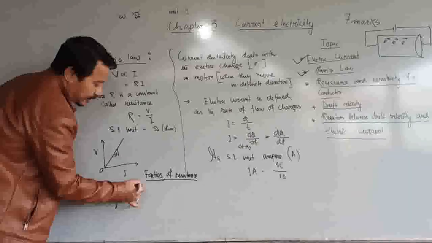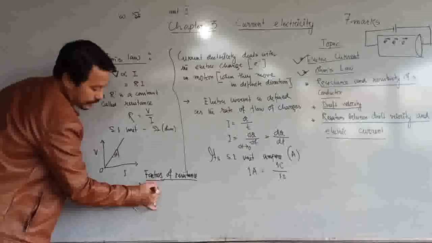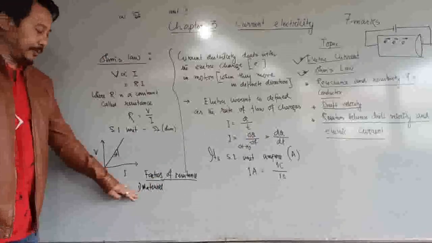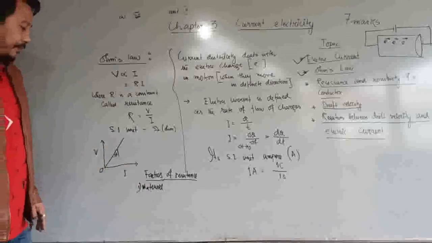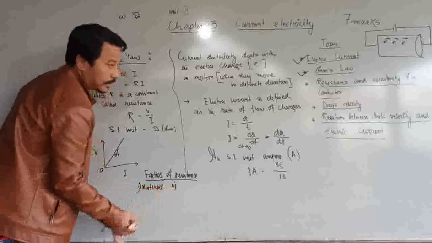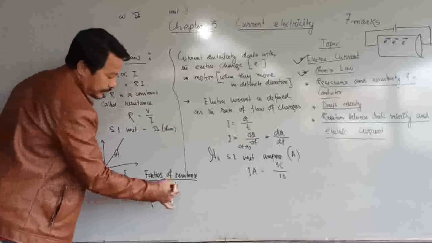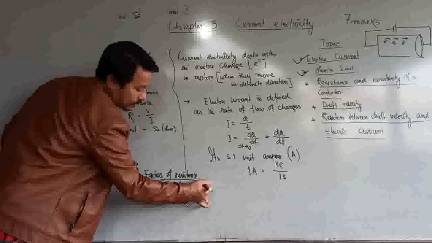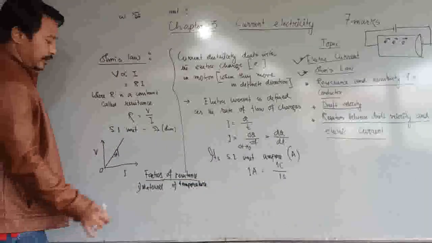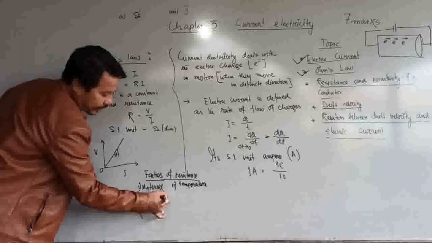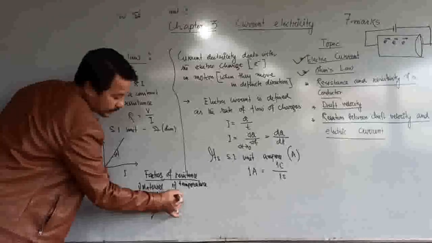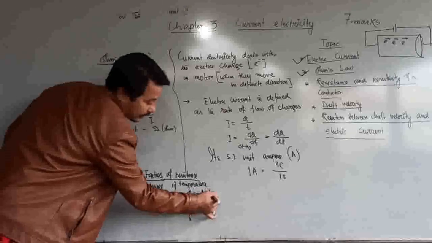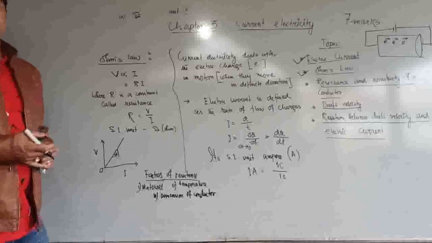So number 1 is the material of the conductor. Then number 2 is the temperature of the conductor. Number 3 is the dimension of the conductor, in the sense the length and thickness of the conductor.